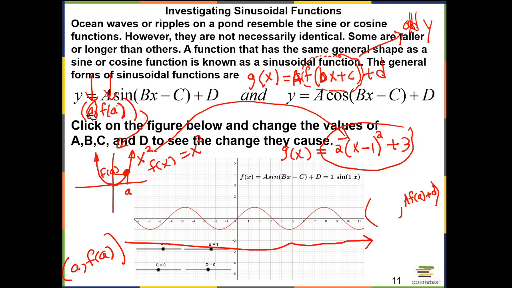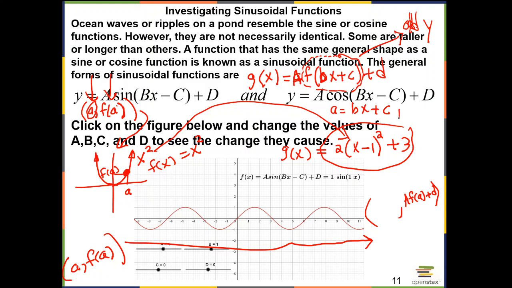Now what happens to the x coordinate? That is a little trickier because you have to reverse the operation, and also the inverse of it happens to the points. So if you multiply x by a number in the equation, you're actually dividing the x coordinates by that number. So what we have to do is set a equal to bx plus c. By a, I mean this a, the old x, and then solve for this x, which is the new x.